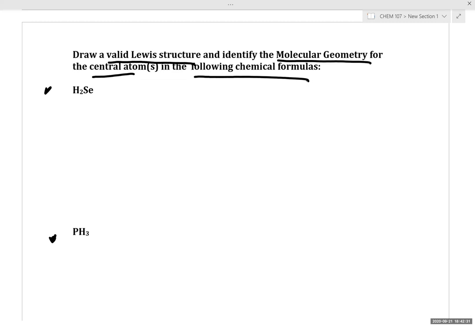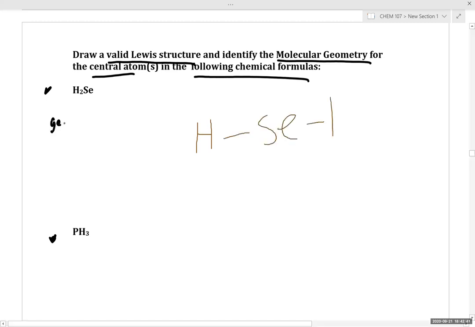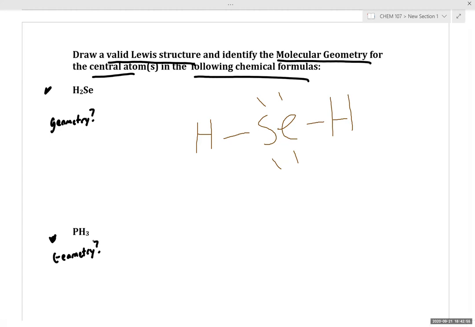Anyway, let's focus on writing out the Lewis structures for these molecules. Don't be shy to share your responses using the annotate feature, and don't be shy to propose the geometry for each of these molecules in the chat. Don't be shy to ask questions or submit your responses verbally or in the chat. So we have one proposed structure.